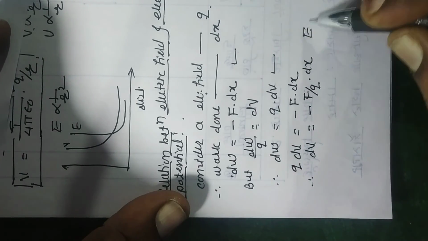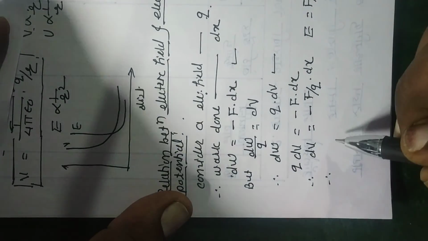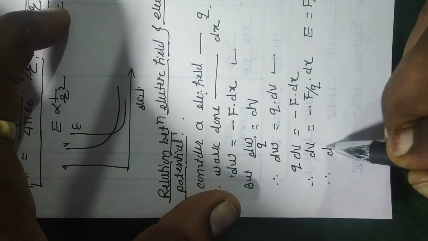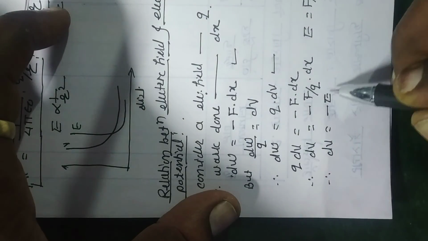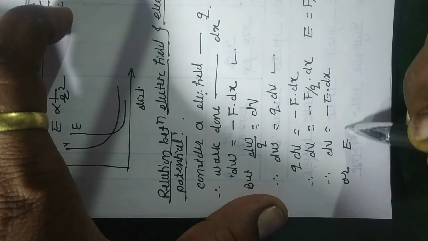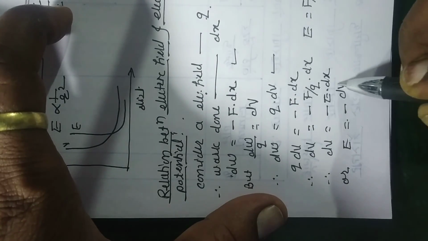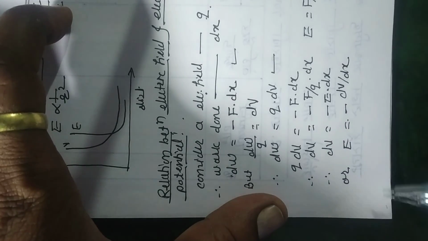But electric field is nothing but force per unit charge, and therefore dV is equal to minus E into dx, or electric field is equal to negative dV by dx.